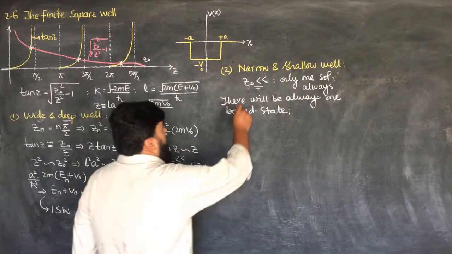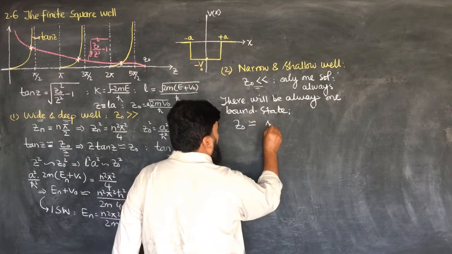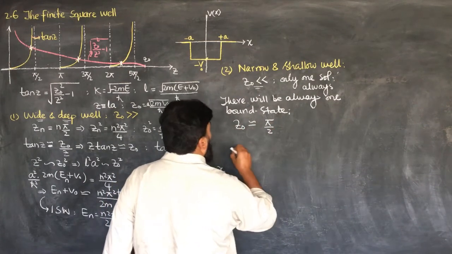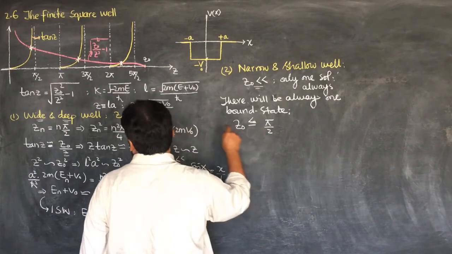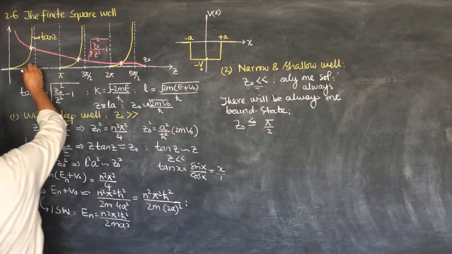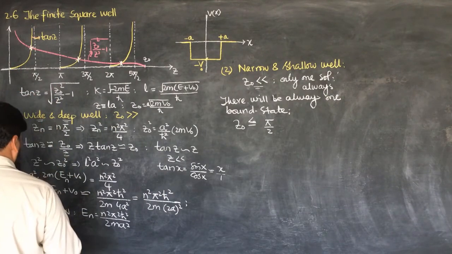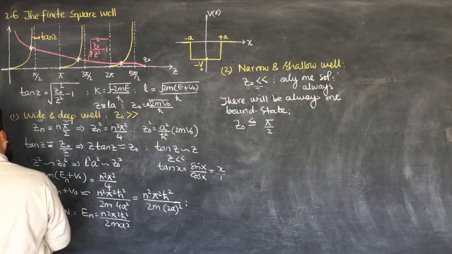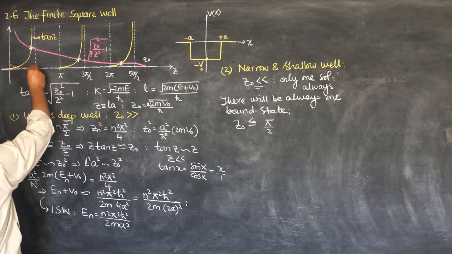So when z naught is less than or equal to pi by 2, only one solution will be possible, and this pink line will go much closer to this one.